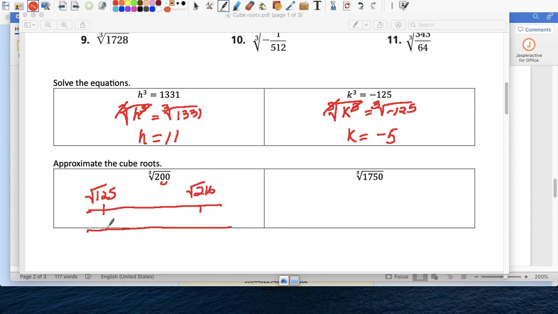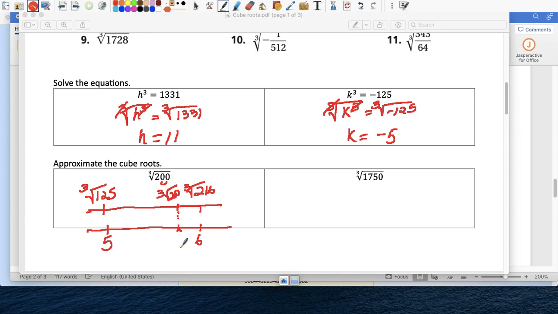The cube root of 125 is just 5. That's just another way of saying 5. And the cube root of 216 is just 6. Where's 200? 200, let's see, it's about here. Yeah, it's about there. So drop a line.